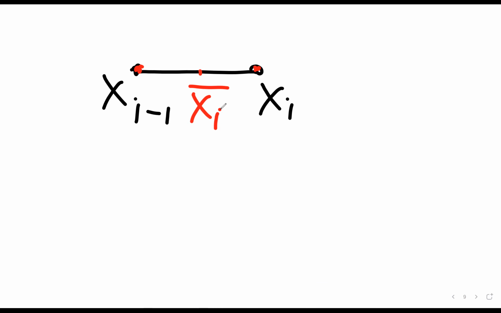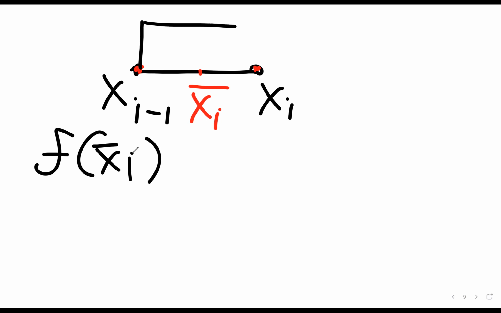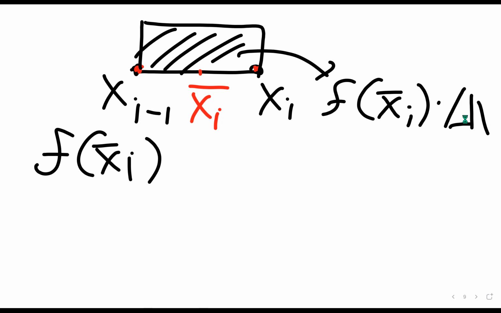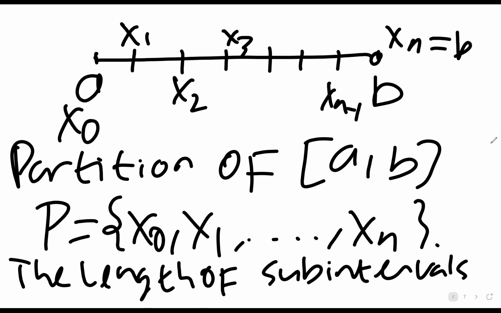Then I calculate f(xi bar). The area of the rectangle in this setting will be f(xi bar) multiplied by delta xi. Do you get it? Just consider this picture.